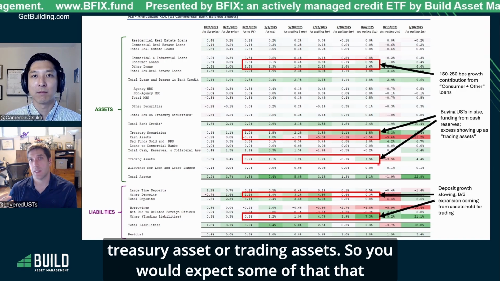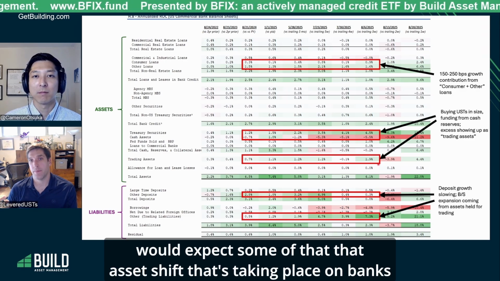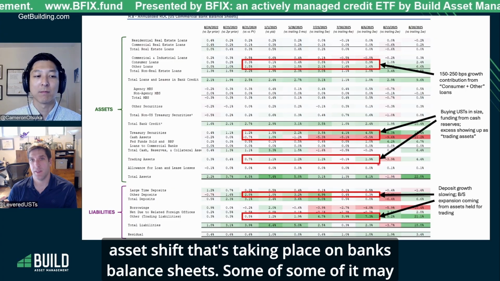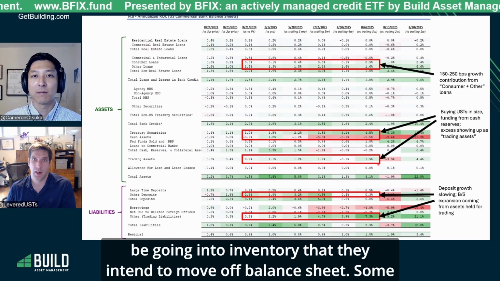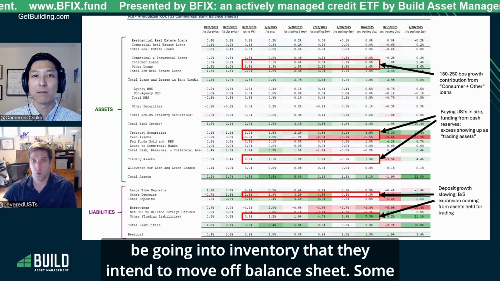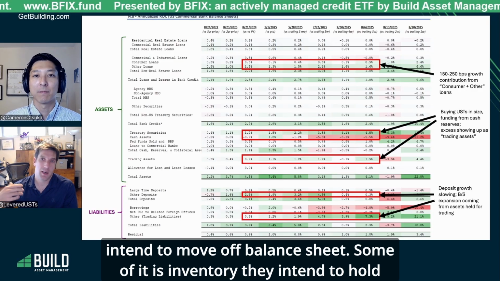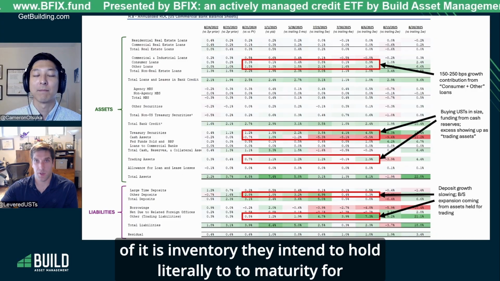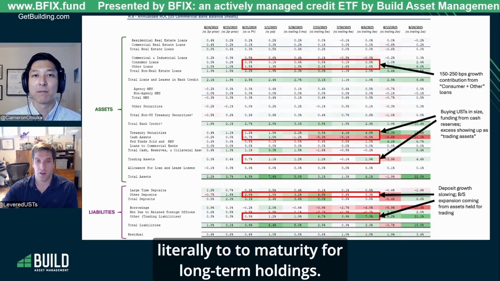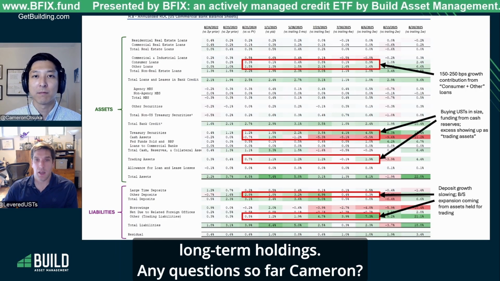So you would expect some of that asset shift taking place on banks' balance sheets. Some of it may be going into inventory that they intend to move off balance sheet. Some of it is inventory they intend to hold literally to maturity for long-term holdings.